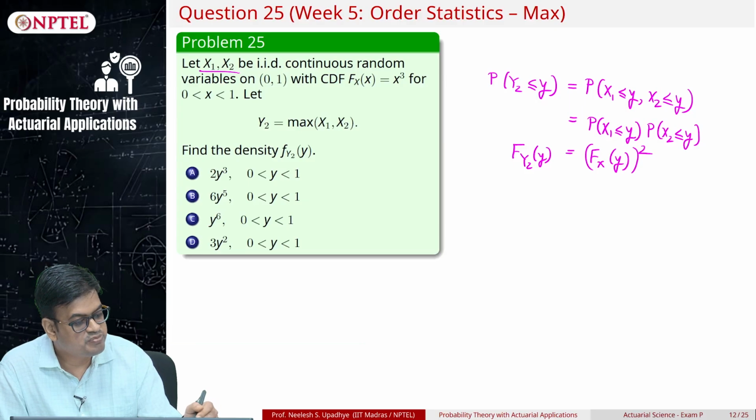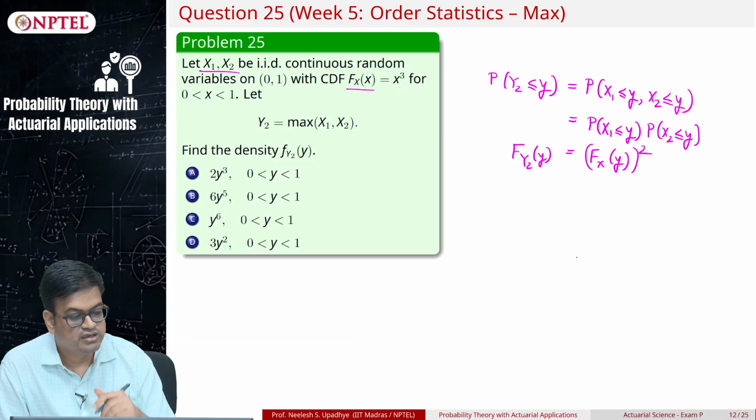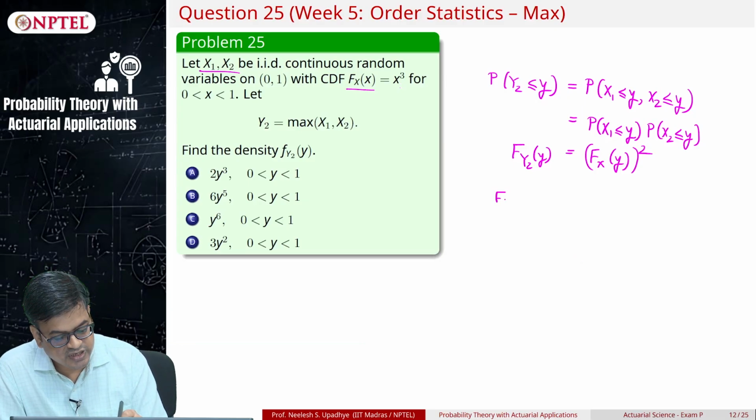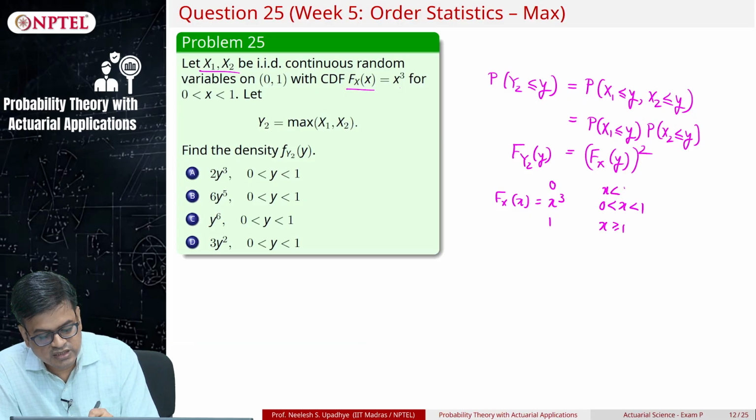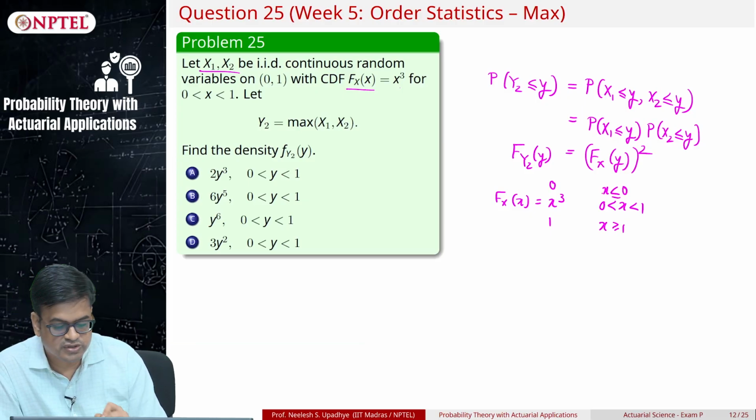So now what is the PDF of this? The CDF F_X(x) is x cube, that means F_X(x) is equal to x cube for 0 less than x less than 1, 1 for x greater than or equal to 1, and 0 for x less than or equal to 0, right.